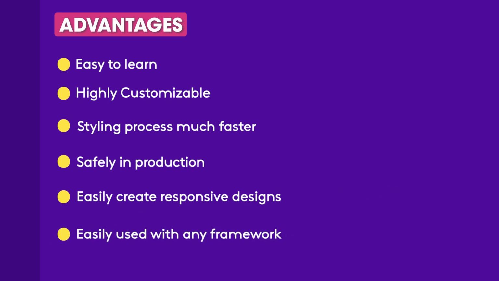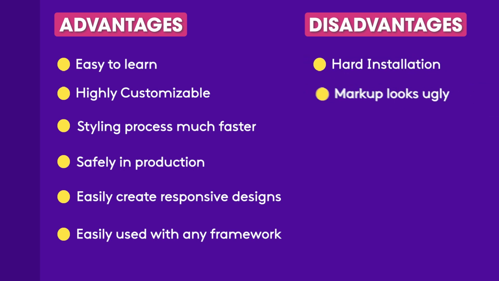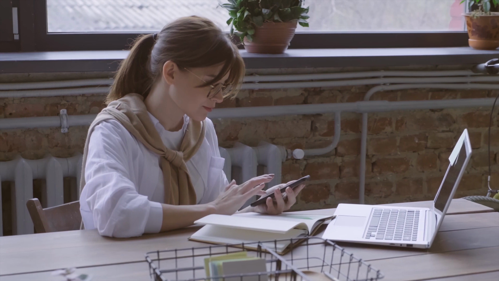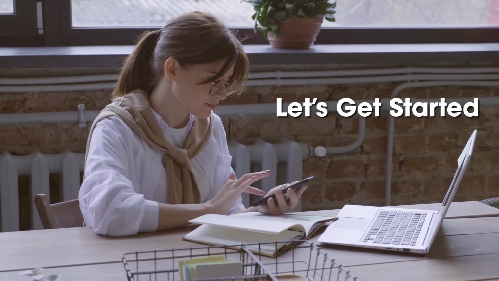It can be easily used with React, Angular, Laravel, Vue, any other framework. Tailwind CSS also has some disadvantages, like its installation process is harder for beginners and our HTML markup looks ugly. But don't worry, in this course I will show you some easy tips and tricks for solving these problems. So let's get started.